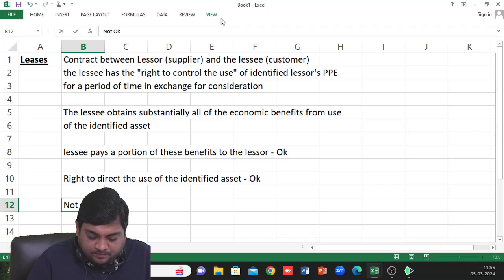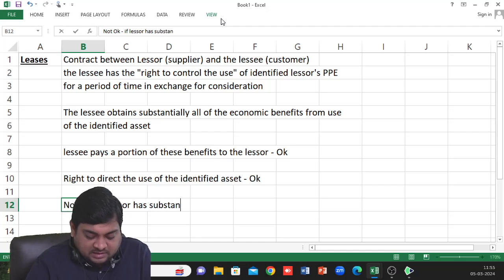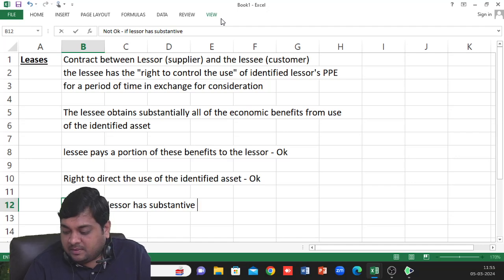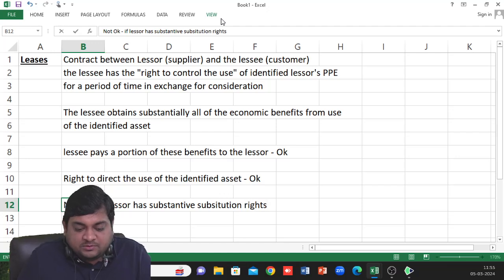Not okay if lessor has substantive substitution rights.